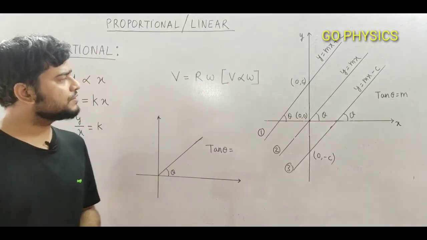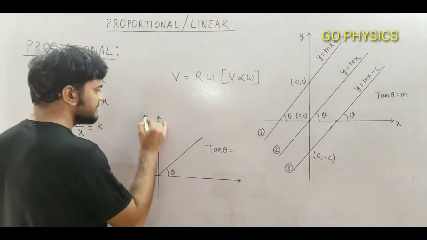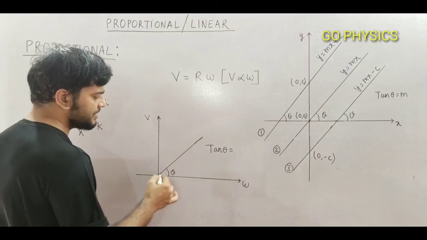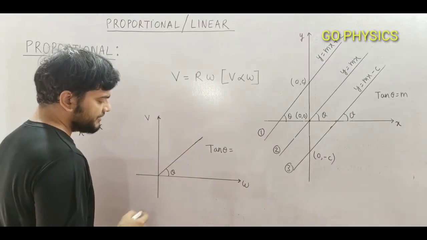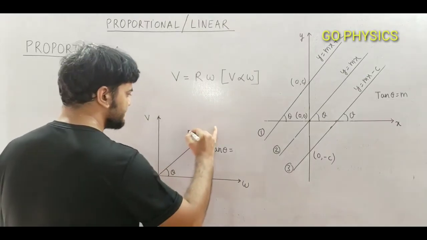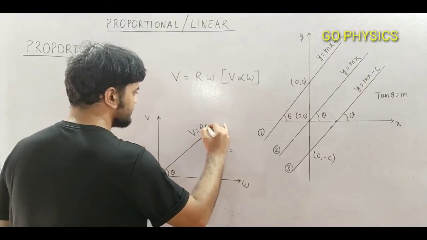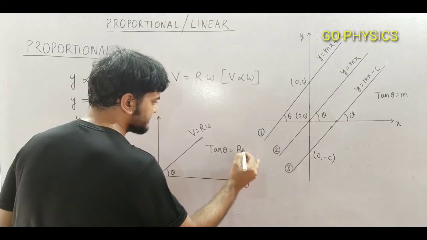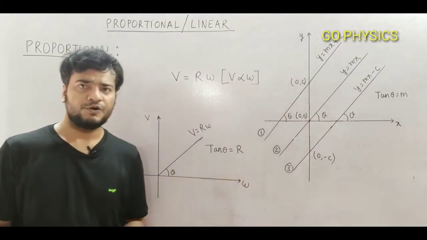And if we draw a graph between velocity and omega, then it will be a straight line passing through the origin. And if we talk about the slope of this line, then it will be equal to the radius of the circle in which the particle is rotating.